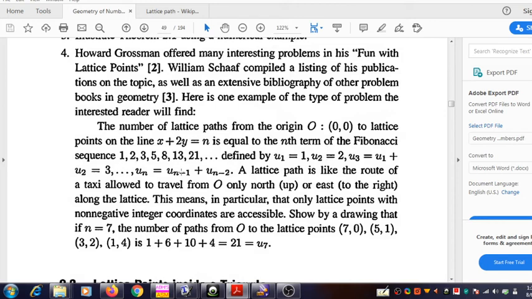So you have to find all the lattice paths which strictly follow the rule given here, mark those paths in the fundamental lattice, and then count them. This way you can verify that the total number of such paths is equal to 21. That's all.